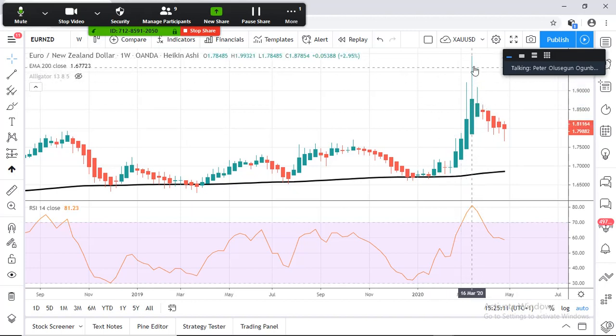Now, if you look at this chart, the price got here and went as high as that. And at this point, you are seeing this candle here that still bought. But there had been an activity to sell.